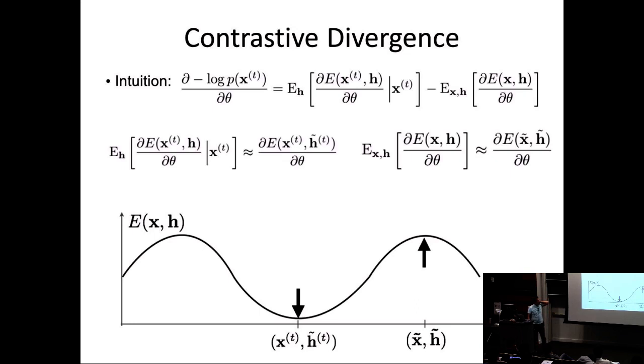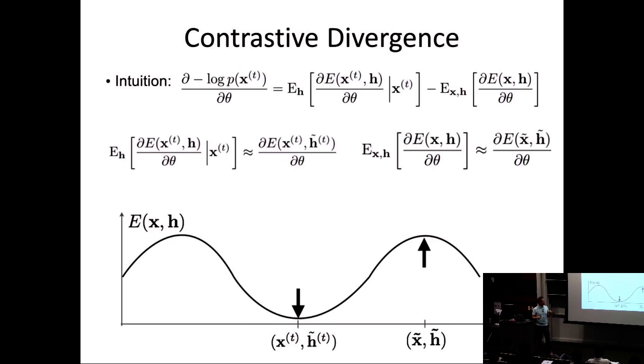So now let's look at what the first expectation is. Well, the first expectation is really if you just have a single point, then it's just the derivative of the energy of x and h tilde with respect to the parameters. This term here. Right? Because remember, you take an expectation, you could average over multiple samples. In fact, you can actually do it analytically because all the hidden states are independent.